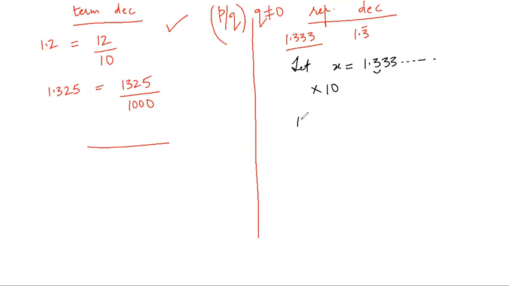On the left side, you get 10x. On the right side, when you multiply by 10, 13.333 till infinity. Well, the interesting thing is, how many 3's are there after the point? Infinity. Here also, how many 3s are there after the point? Infinity. One student who is very intuitive in maths might say, sir, 1 is less in this case, but that's okay.